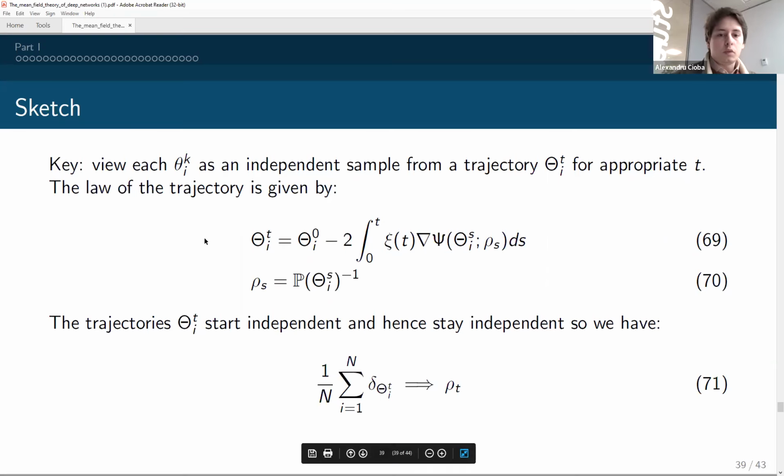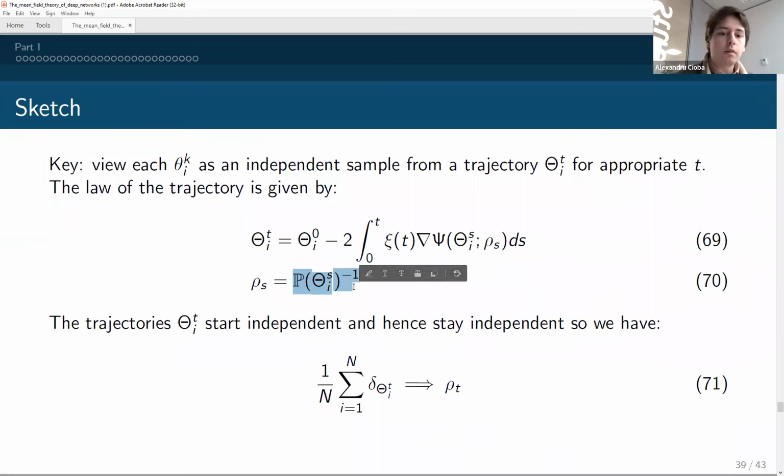And it turns out that the correct thing to define is this capital theta, which satisfies this integral equation, which again is expressed in terms of the potential phi, and the rho s is precisely the rho s in the distributional dynamics, and it is the law of theta.